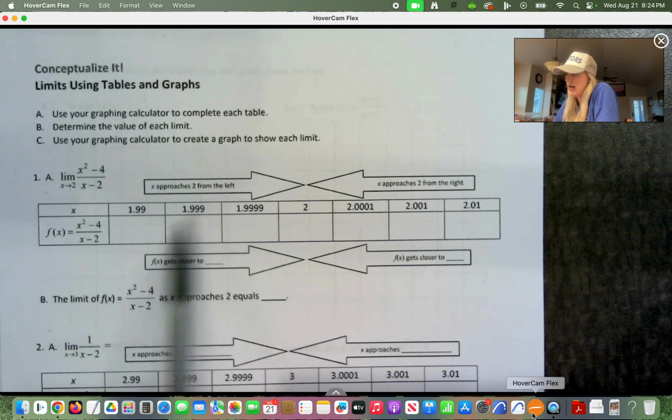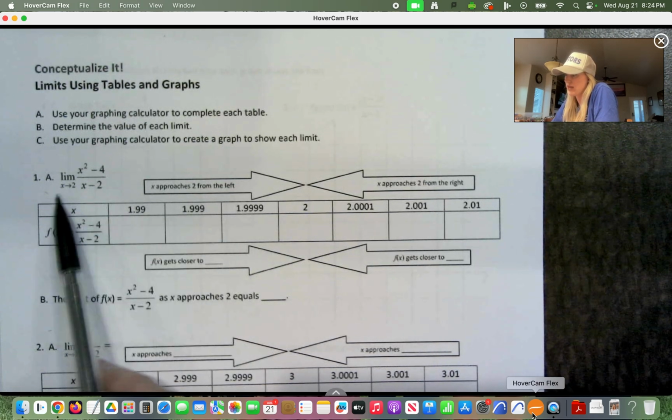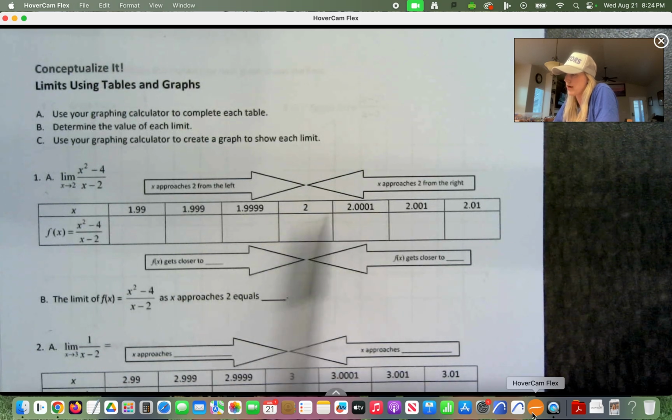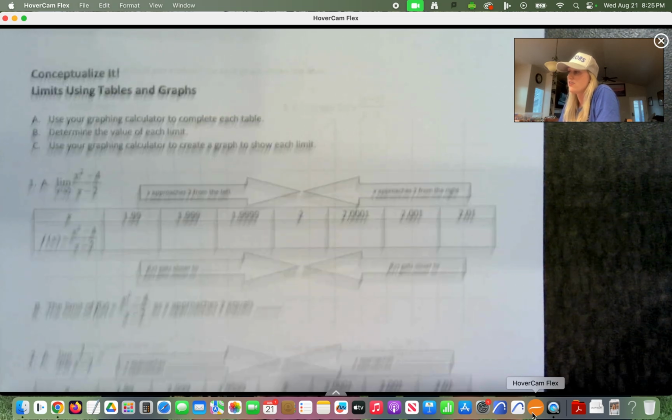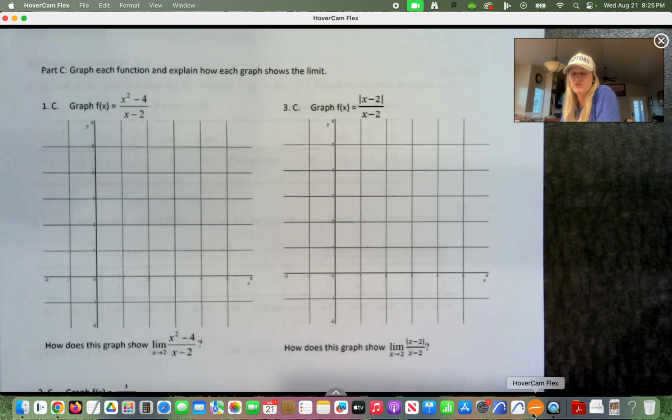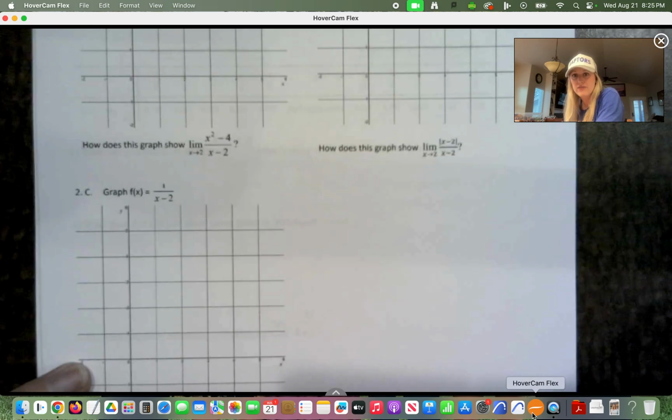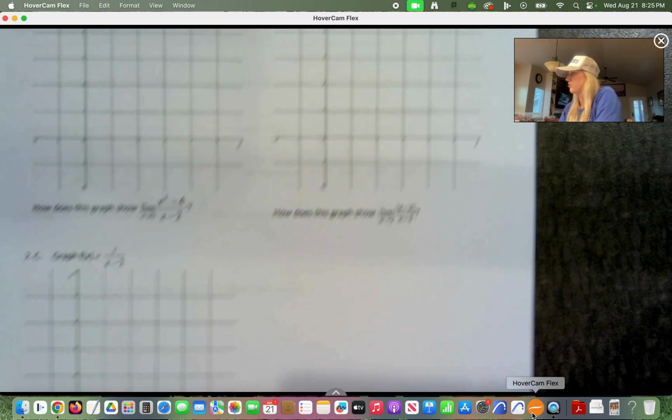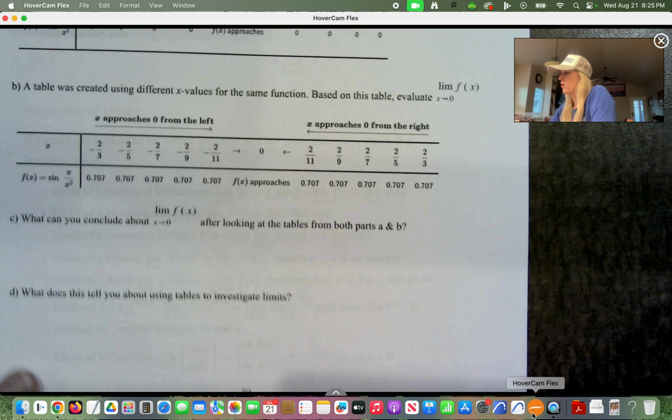In this case, my x's are approaching 2 from the left and from the right, so what is the y value approaching? Or if it's approaching 2 different numbers, the limit does not exist. And then on the next page, you're going to graph those. So you're using the table and the graph to determine those limits. I'm not going to go through those together. You guys are going to do that in class.